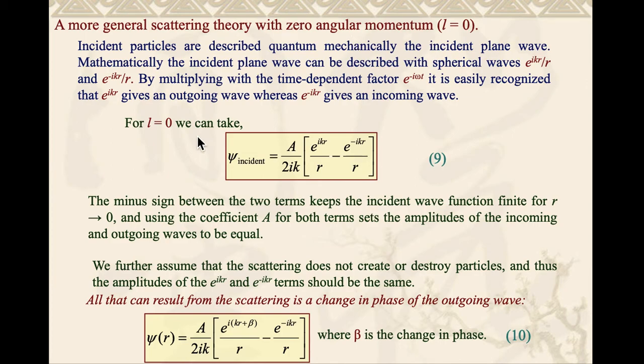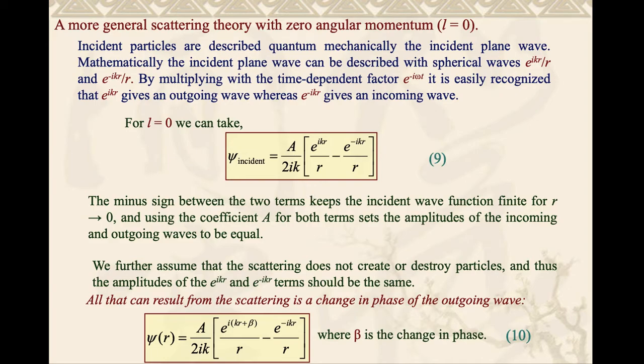So for L equal to 0, we can write the incident one as A by 2ik times e raised to ikr by r minus e raised to minus ikr by r. And such an equation we have already used for your plane waves.